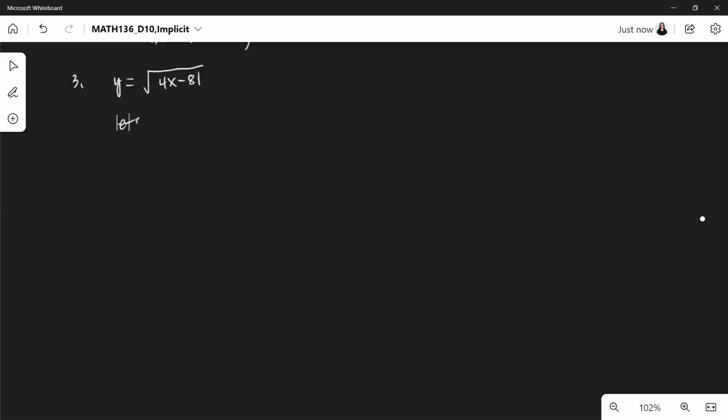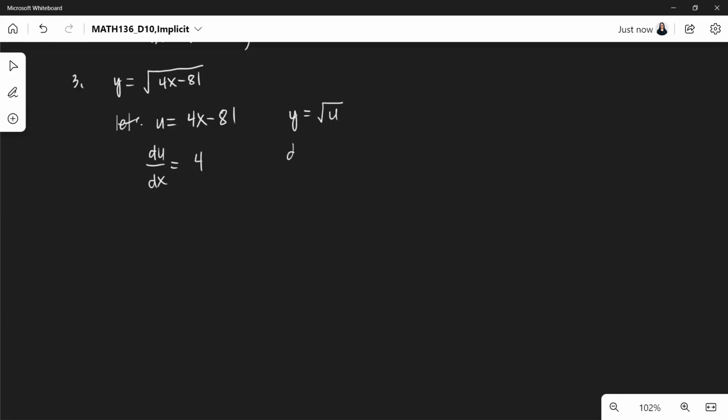So let u be equal to 4x minus 81. So the derivative of u with respect to x is 4, right? So the y here becomes the square root of u.